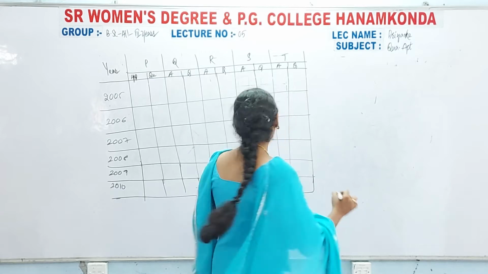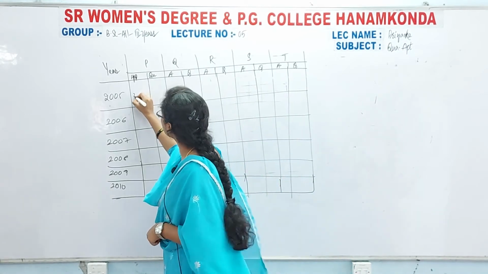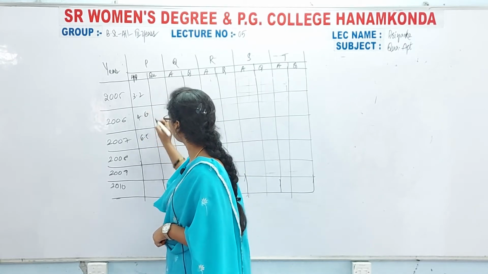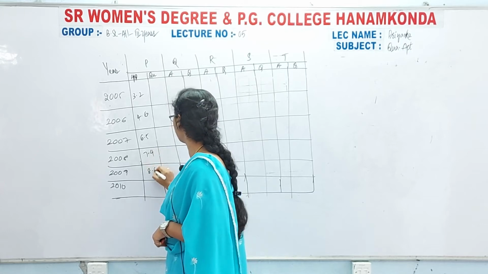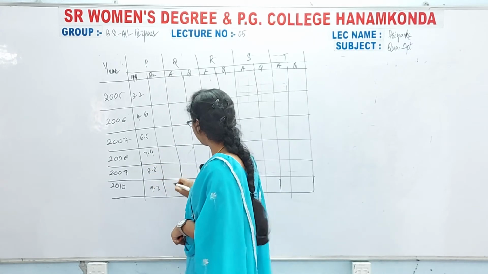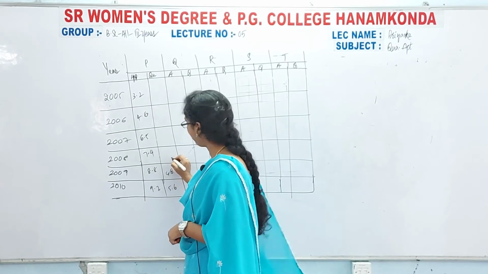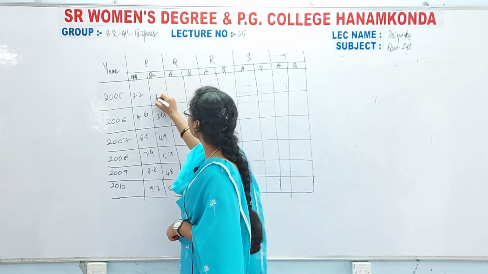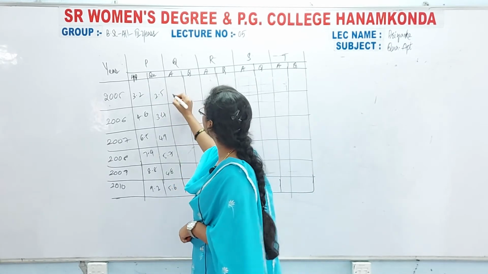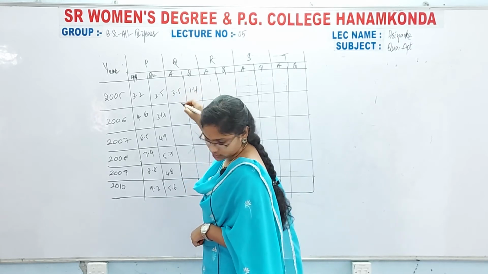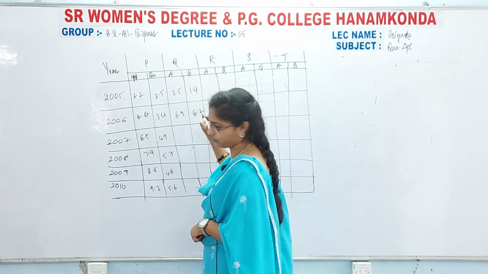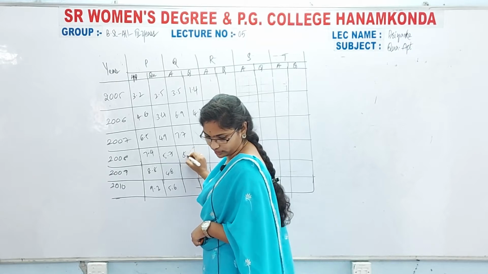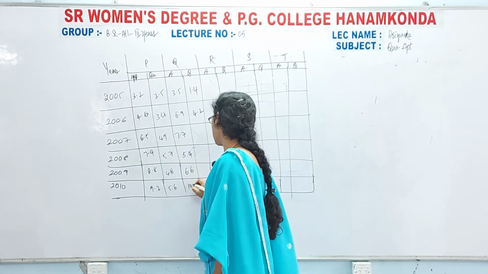Now I'm writing the values. 3.2, 4.6, write down. 6.5, 7.4, 8.8, 9.2, 5.6, 4.8, 5.7, 4.9, 3.4, 2.5, 3.5, 1.4, 6.9, 4.2, 7.7, 5.4, 6.6, 10.6.